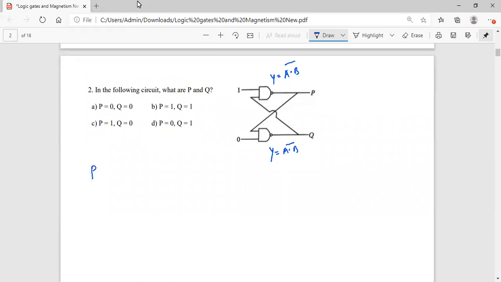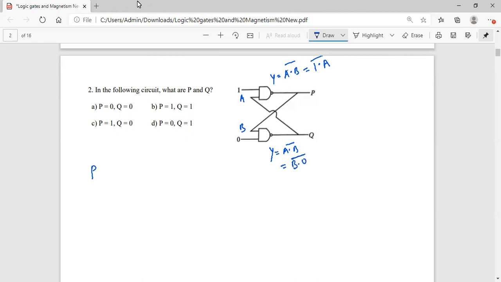What is the possible value of P? P is connected to B. I will take this as A and this as B. So if this is A dot B, in the place of A it has 1, therefore it becomes 1 dot A bar, and this becomes B dot 0 bar.